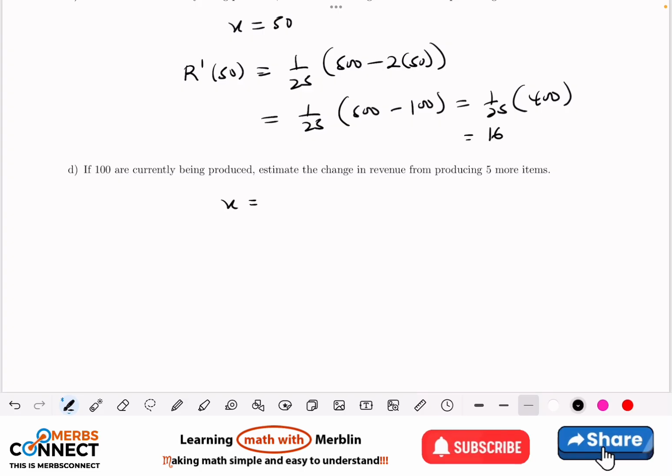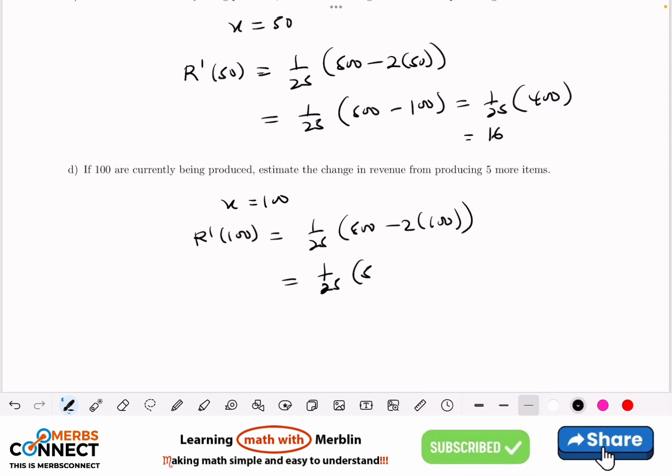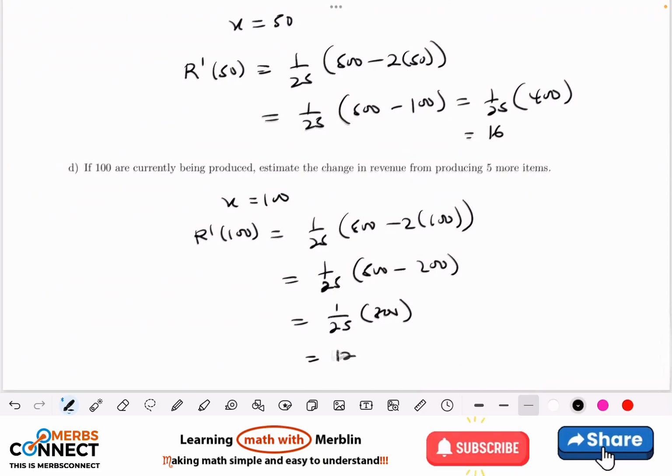So here now our x is equal to 100, so now we are going to have r prime of 100, which is equal to 1 over 25 times 500 minus 2 times 100, then 1 over 25 times 500 minus 200, and then this is going to give us 1 over 25 times 300. Then what is 300 divided by 25? We are going to have 12, right? So we are going to have it to be 12.